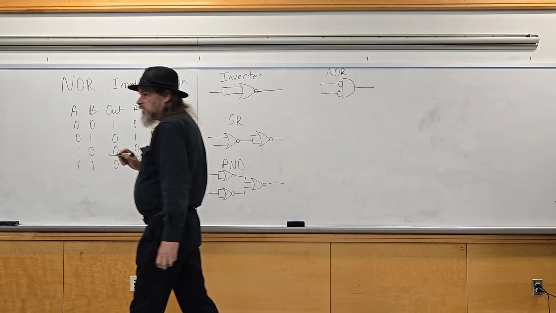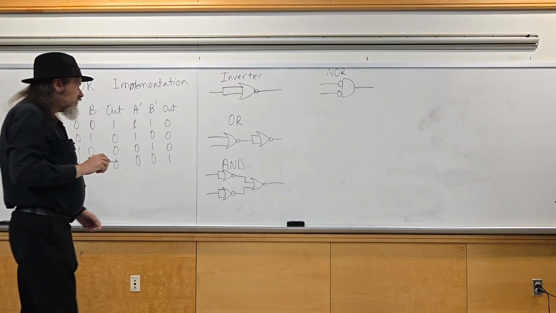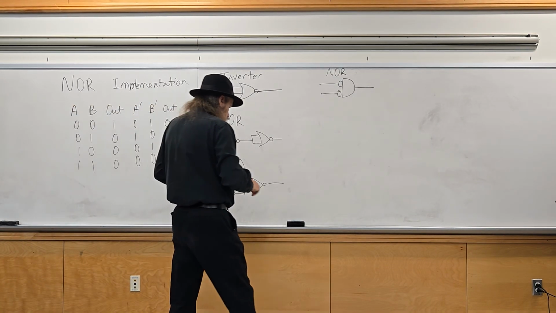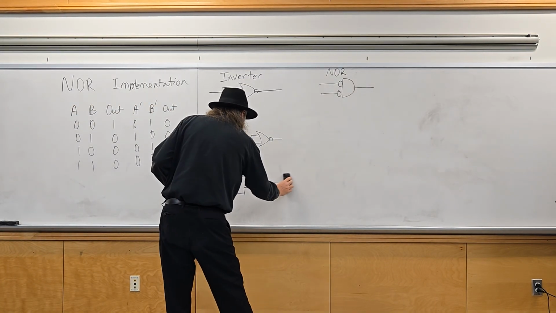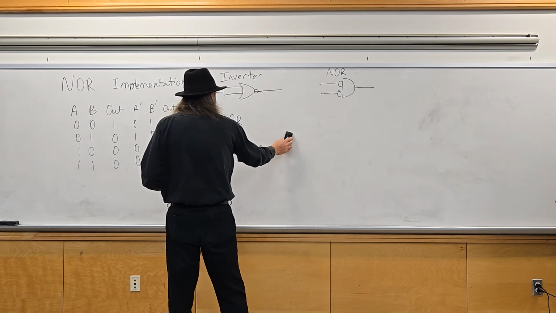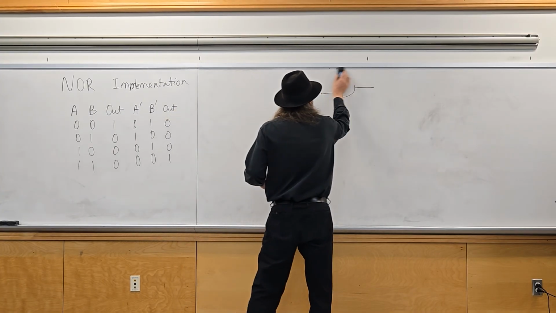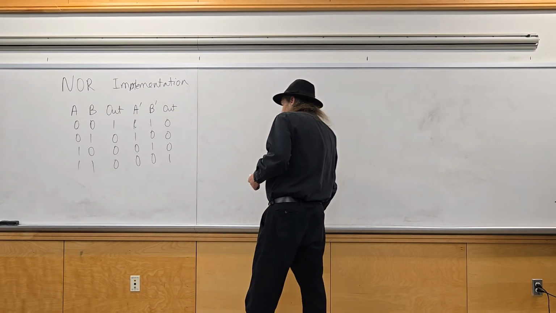So when you can have your expression as a product of sums, you can use NOR gates to implement them fairly easily. So let's take an example from the book here.